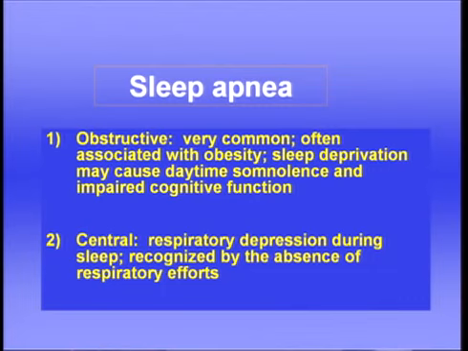You can distinguish between these two types, because if you make measurements of electromyogram of the respiratory muscles, you can see that during obstructive sleep apnea, the subject is trying to breathe. The respiratory muscles are working hard against the obstruction. But in central sleep apnea, that's not the case. There is no obstruction, and it's of central origin.